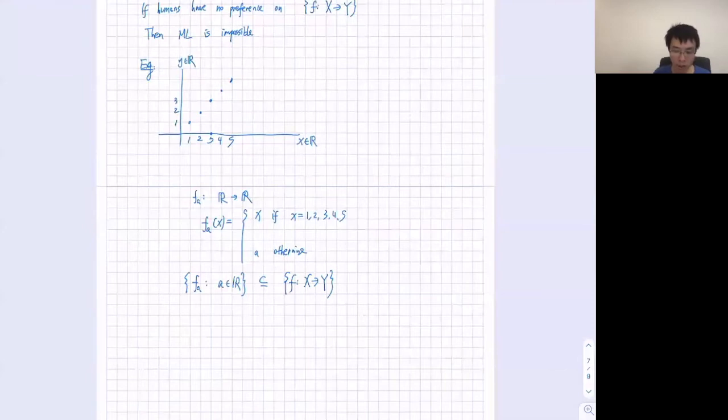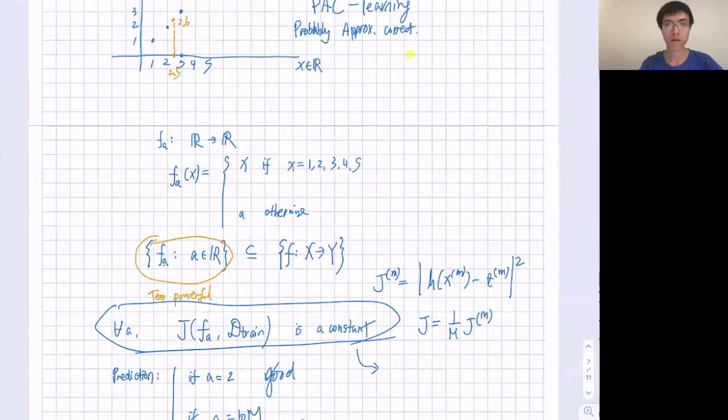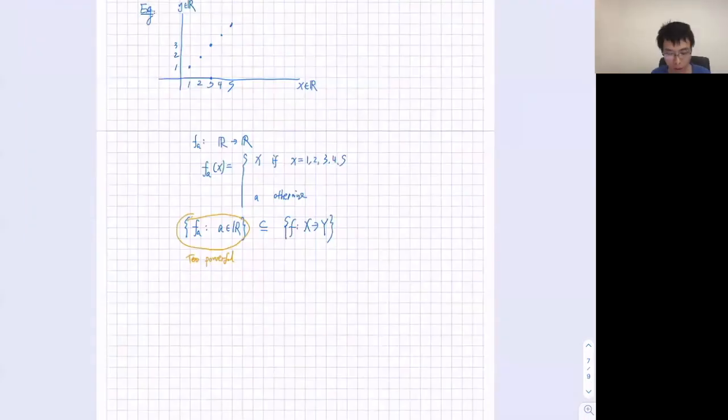But I could say this function is too powerful. What I got a little bit confused about was not f_a being too powerful, but rather all the functions are too powerful. And in particular, this very powerful set contains these functions, and we will show it makes machine learning infeasible. So what happens?